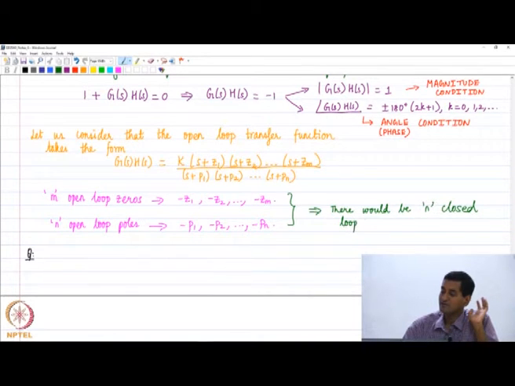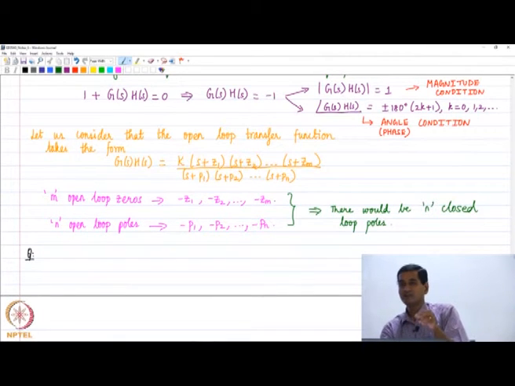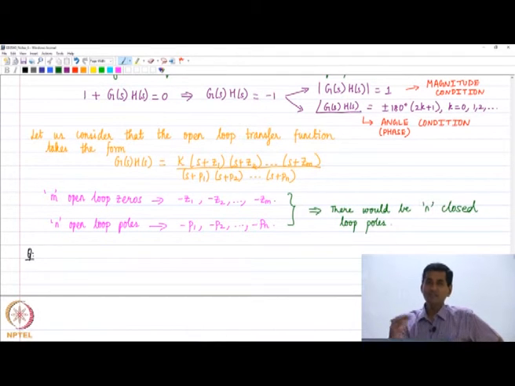Because the moment you calculate 1 plus g of s h of s equals 0 and take the LCM, you will get an nth order polynomial. See, if the order of the open loop transfer function is n, the order of the closed loop transfer function will also be n. If you evaluate 1 plus g of s h of s, you would see that it will be an nth order polynomial. So you will be solving for n roots, so you will have n closed loop poles. I hope that's clear to everyone.